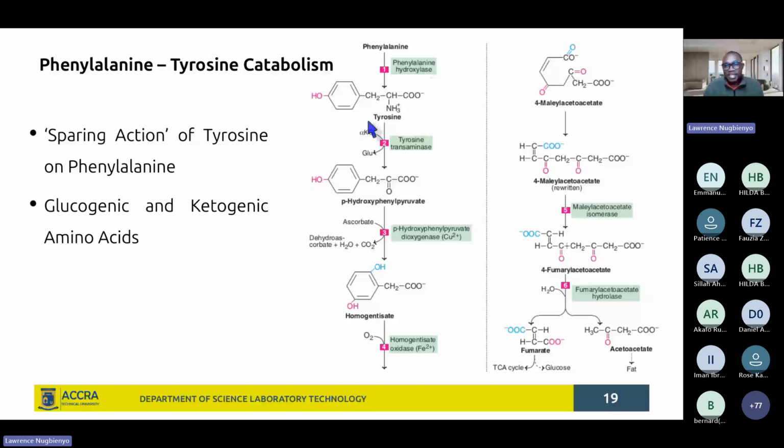Or to say that if you have enough tyrosine already synthesized in the body, then of course the consumption of phenylalanine, for instance, is sort of useless because you already have tyrosine there.